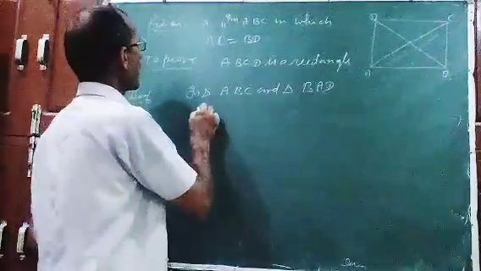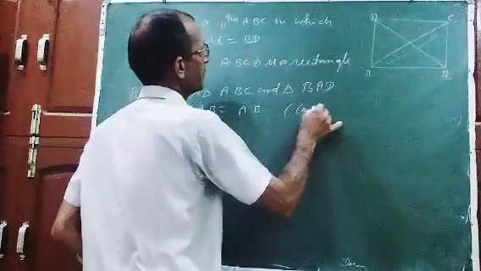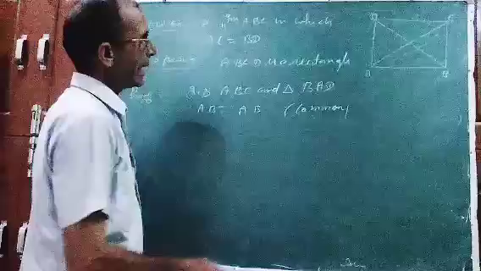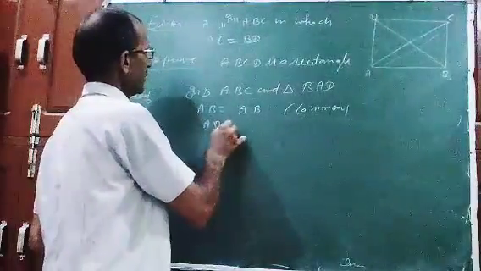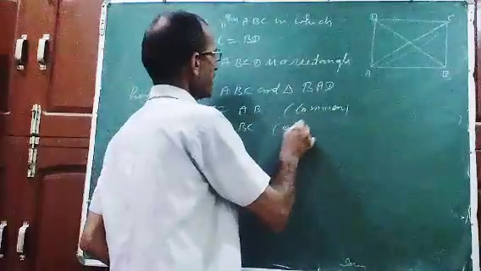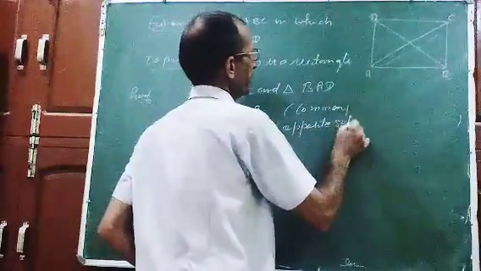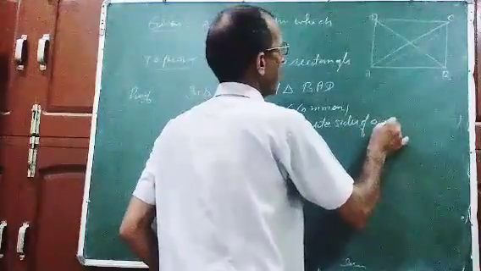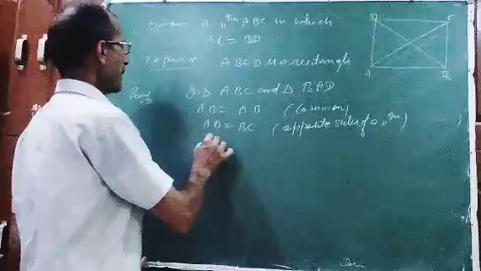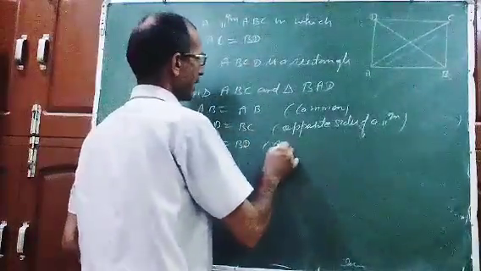So AB is equal to AB, common. AD is equal to BC, opposite sides of a parallelogram. AC is equal to BD, given.